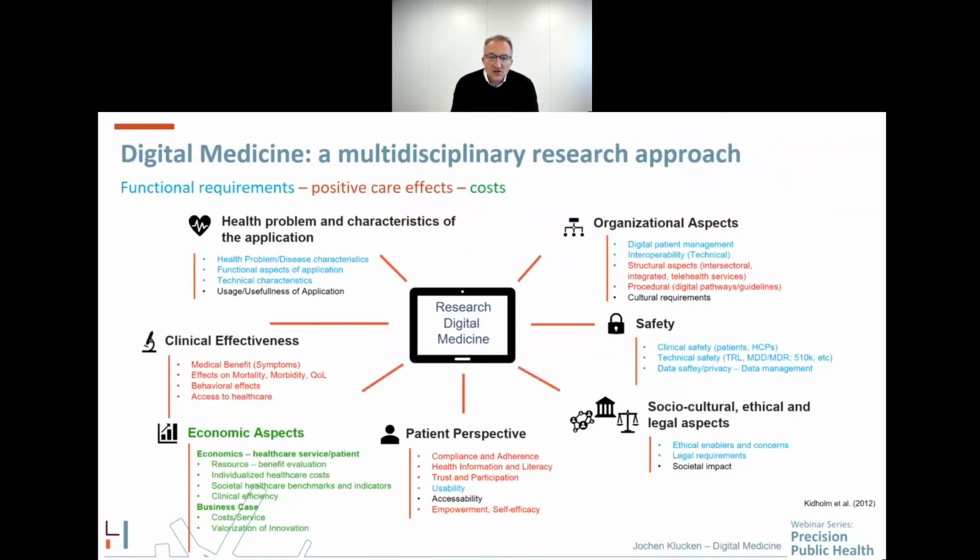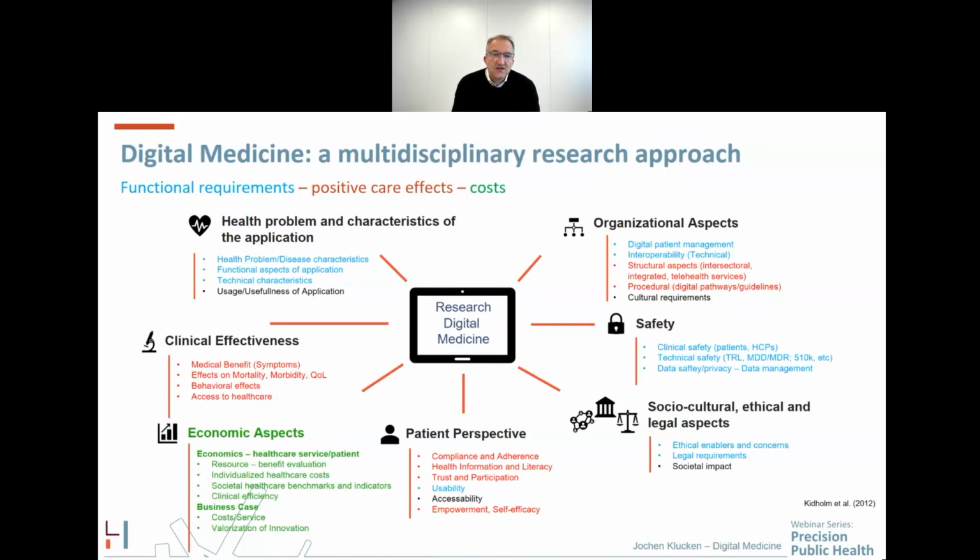And the research in digital medicine, what we do, is actually addressing all these aspects. Of course, the health problem aspects and characteristics and clinical effectiveness, but also the economic aspects. The patient perspective, as I said, is very important. The communication of the patient to include them into this healthcare process, but also the organizational and safety aspects, and of course the question of social, ethical, and legal impact.